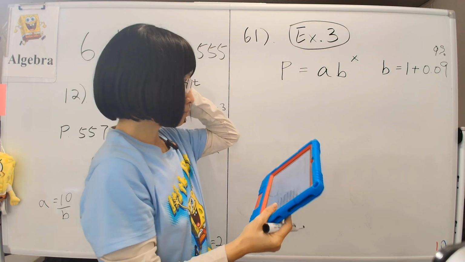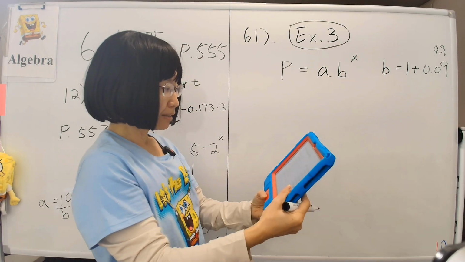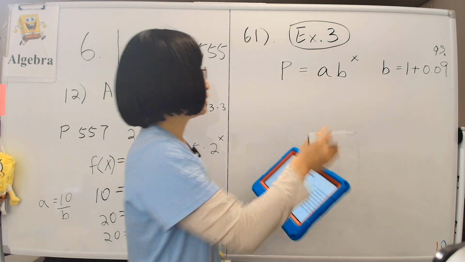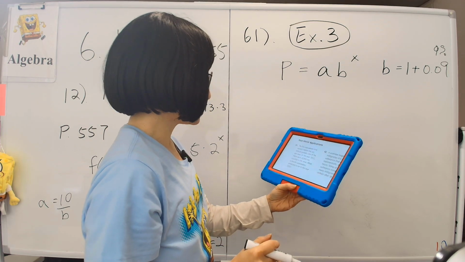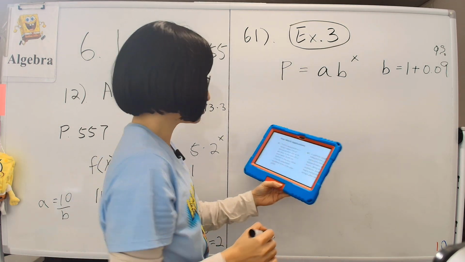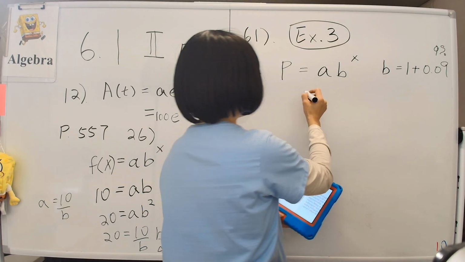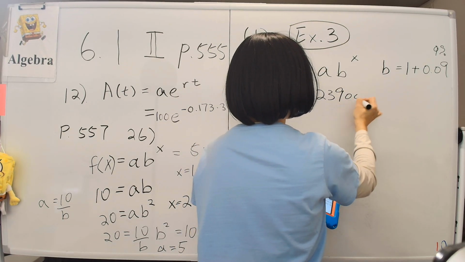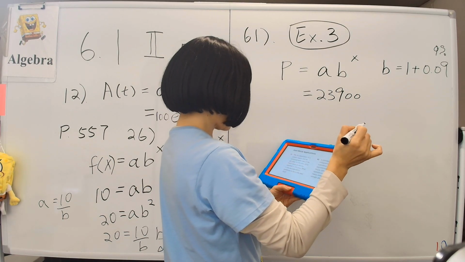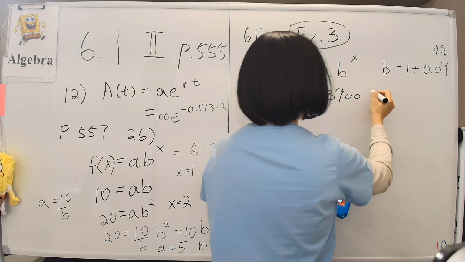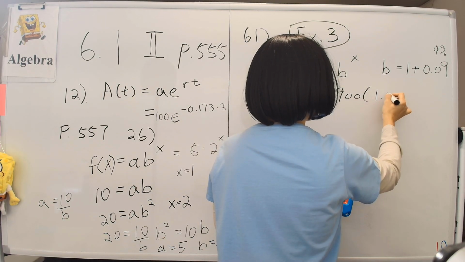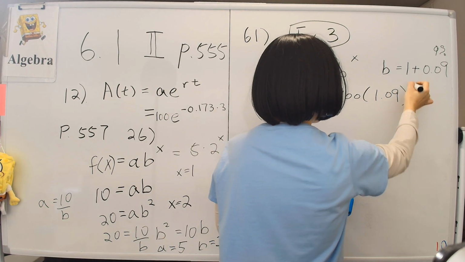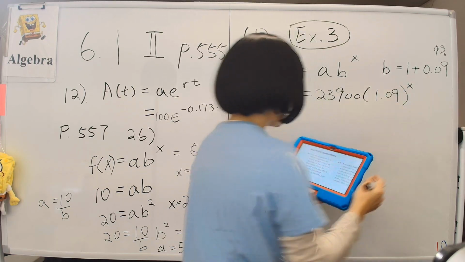So that would be our B, that's the growth rate. And then A stands for the initial amount. In the year 2012, there were 23,900 foxes. So let's write that down. And so its growth rate is 1.09. Okay, that's for B. And then we'll raise it to how many years?